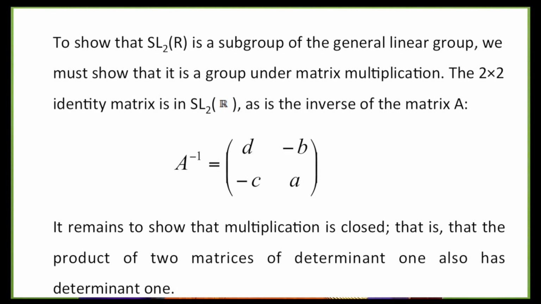It remains to show that multiplication is closed, that is, that the product of 2 matrices of determinant 1 also has determinant 1.